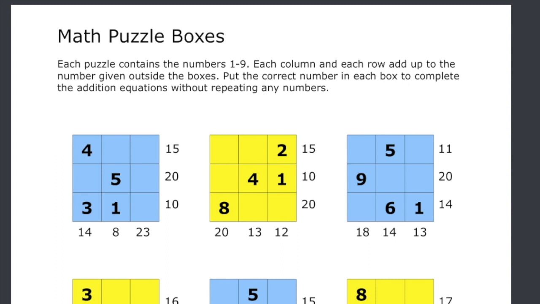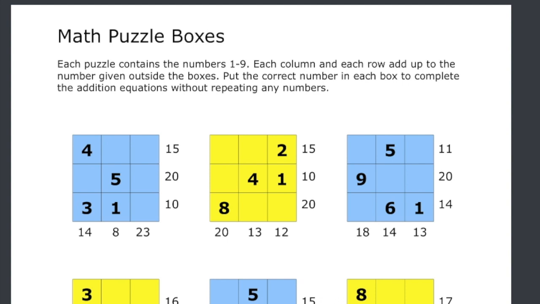Then here, I have 2 numbers missing. I probably don't want to start there either. But here, I only have 1 number missing. Here, I only have 1 number missing. So that's probably where I want to start, because I only have 1 number missing.